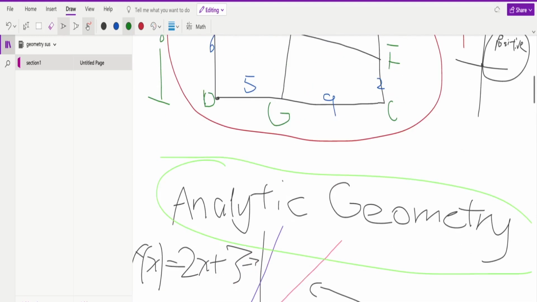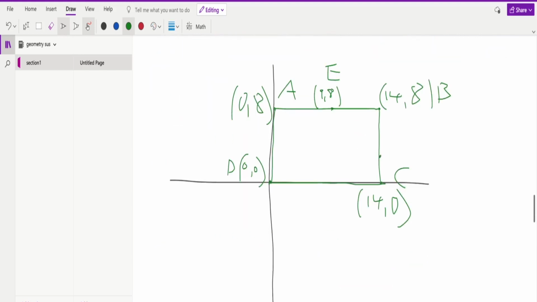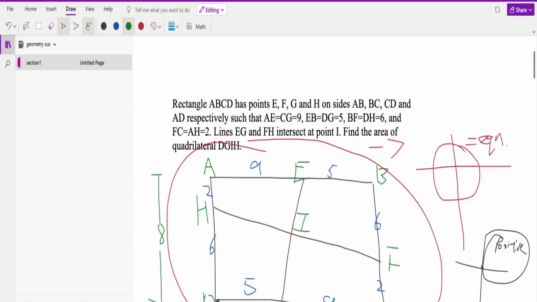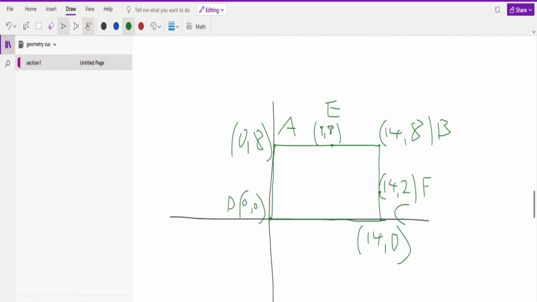F is 2 units above C, so 2 above C would be 14, comma 2. That's F. And then G is 5 units to the right of D, so here's G down here, 5, comma 0.